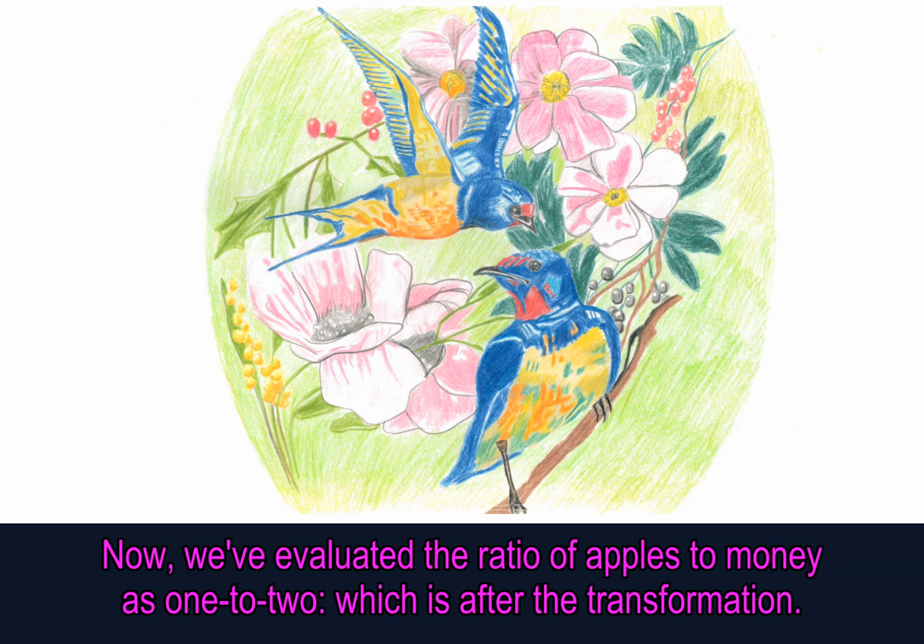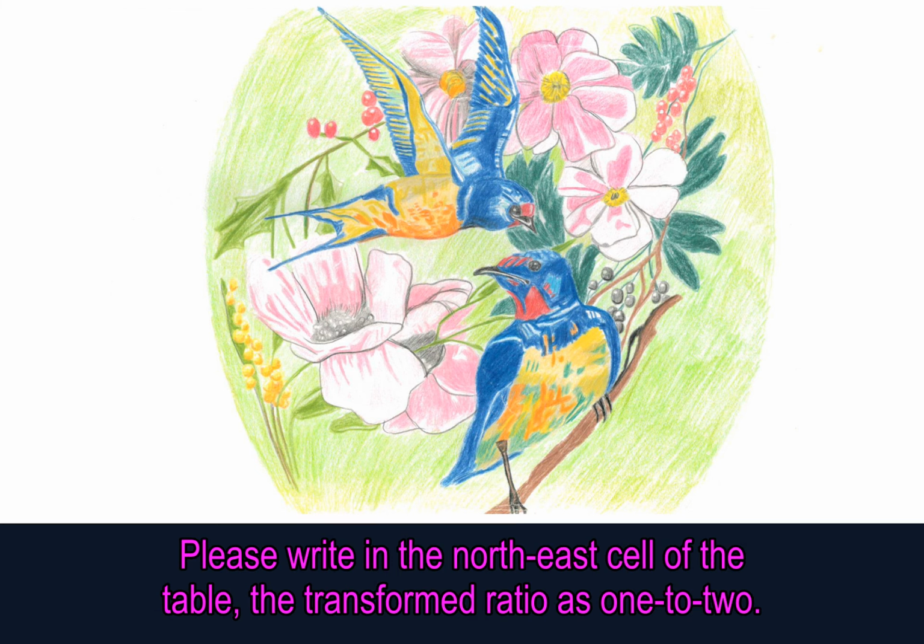Now we've evaluated the ratio of apples to money as 1 to 2, which is after the transformation. Please write in the northeast cell of the table the transformed ratio as 1 to 2.